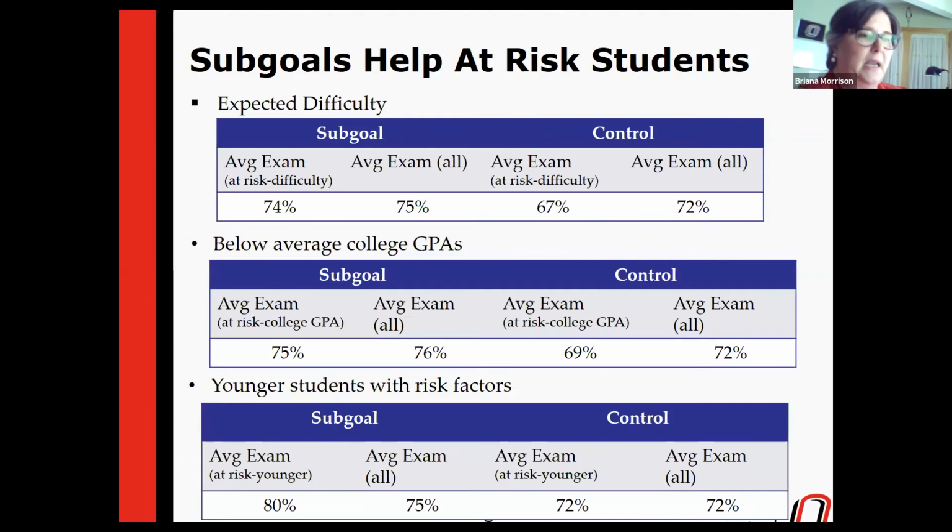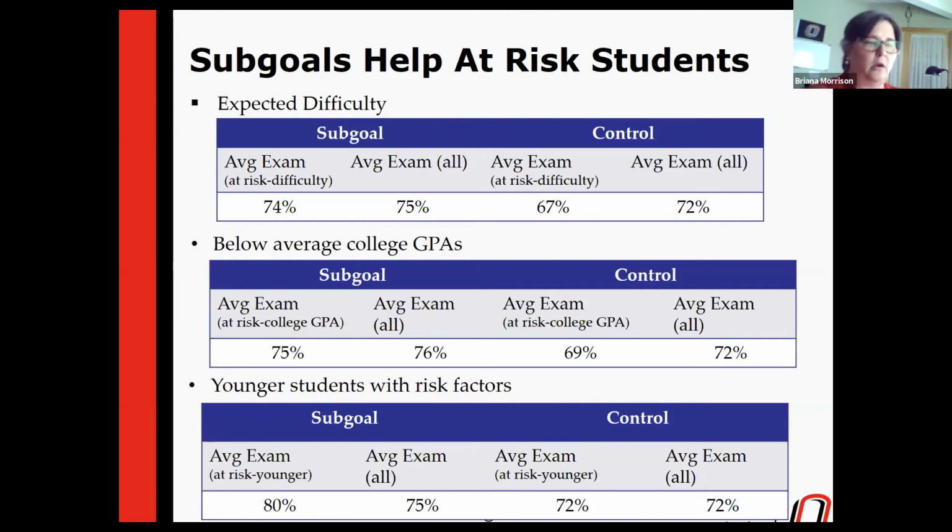Then we wanted to examine what happens with the students that we generally consider most at risk. We looked at those who said they expect this course to be difficult, right? We looked at those who had college GPAs that were below average, and we looked at younger students.